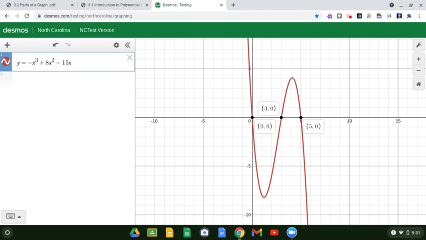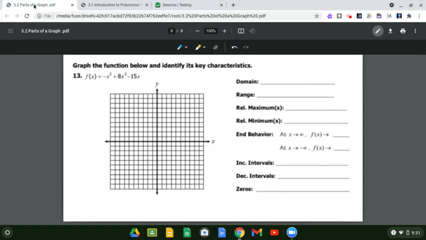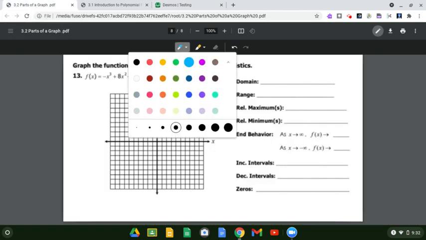Okay, I have a relative maximum at (4.12, 4.061). I have a relative minimum at (1.214, -8.209). I have a negative leading coefficient with an odd degree. So let's fit this information in here.